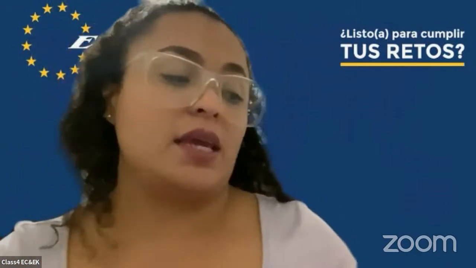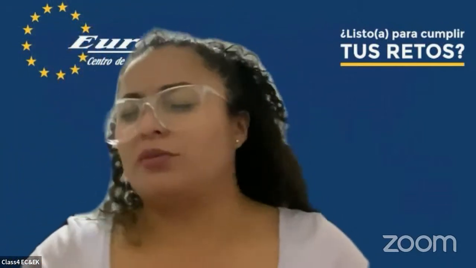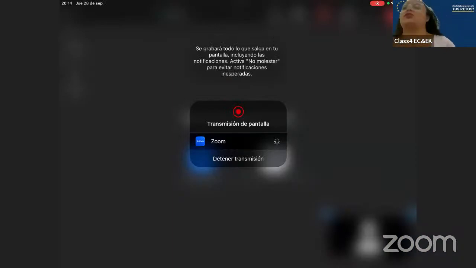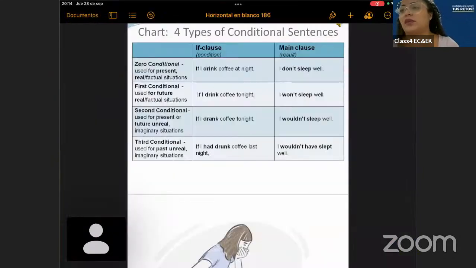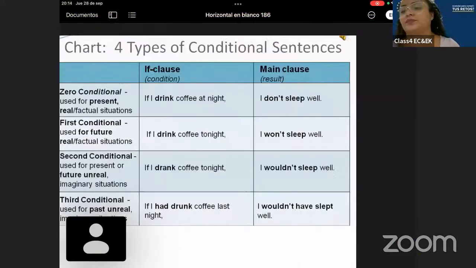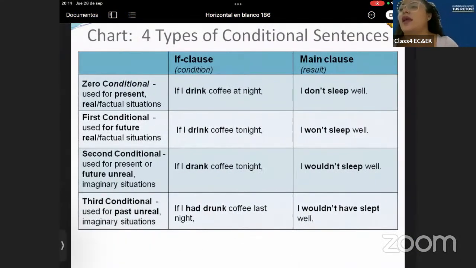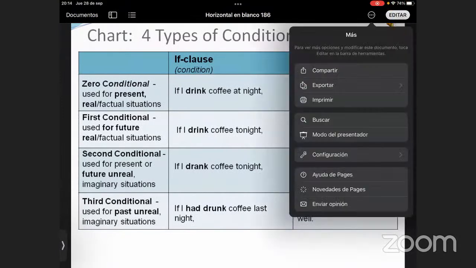Okay. So let's see a little review, just for you to remember the grammar for third conditional. In this chart, you can see the 4 conditionals in English, because in English we have only 4 conditionals. It's 0, first, second, and third conditional.